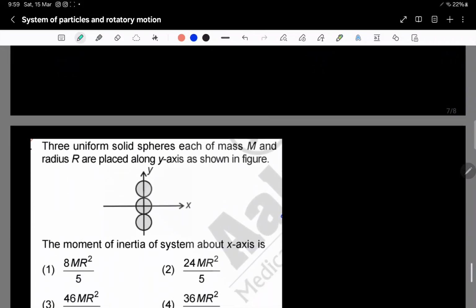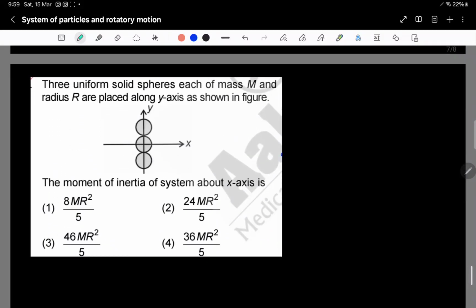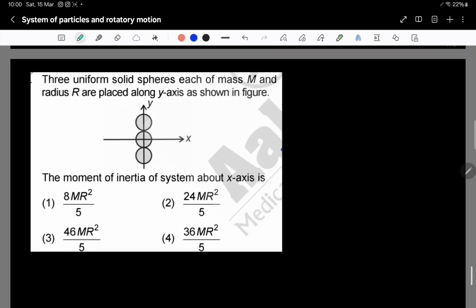Yes. Next question, students. Three uniform solid spheres, each of mass M and radius R, are placed along the y-axis as shown in the diagram. Find the moment of inertia of the system about the x-axis. Very important. So here, uniform solid spheres.